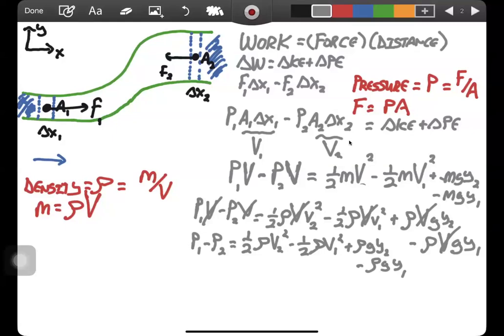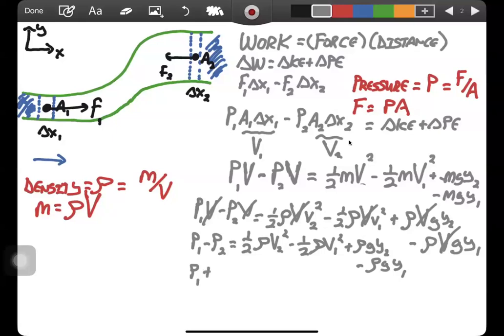I wish my screen was just a little bit wider on the right. So I hope you're following with me, because I'm going to do one more thing. What I'm going to do is I'm going to group all of the terms that pertain to the fluid on the left side of the equation, and all the terms that pertain to the fluid on the right side of the equation. So just simple algebra here, just adding and subtracting some terms. So I'm going to leave P1 over here. But then I'm going to bring the term with the velocity one over.